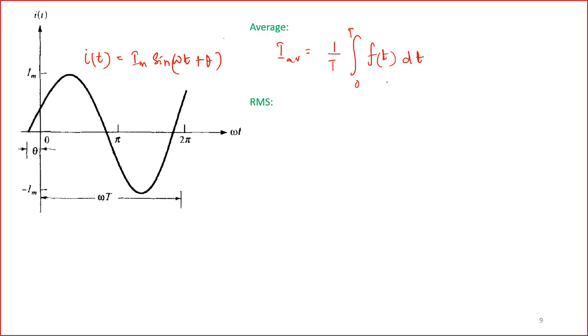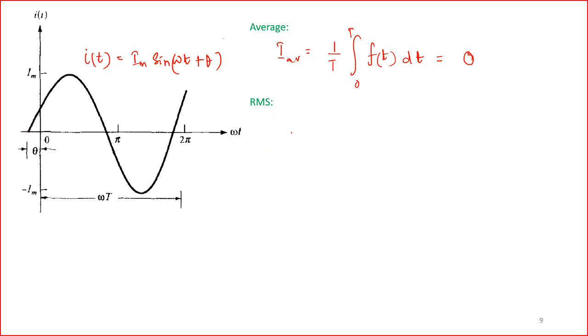This gives us the average value. If we find the average value of this, obviously it will become 0, right? So for any sinusoidal quantity, the average value will always be 0.